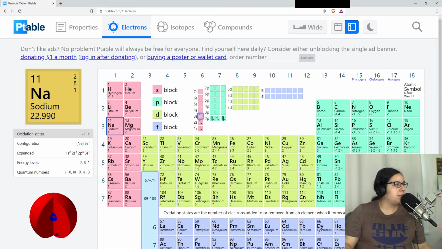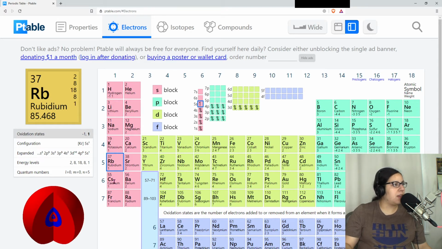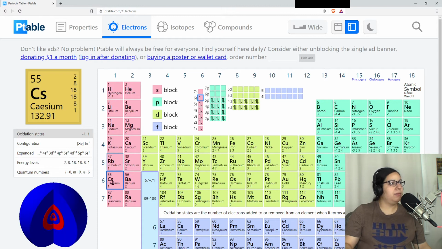You can still see our s deep in there: our 1s, 2s, now our 3s. We keep going, and you just keep adding onion ring shells. That's why we care about the outermost shell. This is just ptable.com, a simple, interactive periodic table.